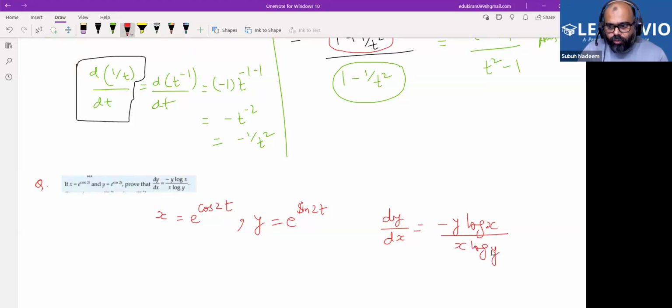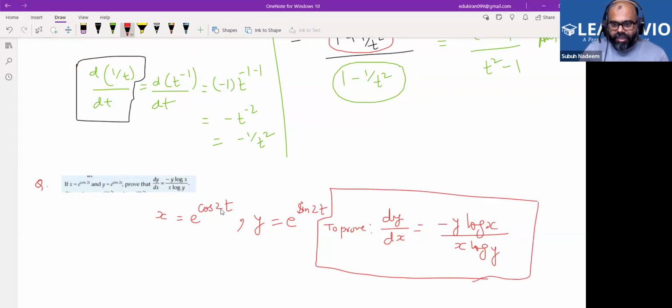This is what we have to prove. What we need to prove is that dy by dx is equal to minus y log x by x log y, and what is given is x is e to the power cos 2t and y is equal to e to the power sine 2t.